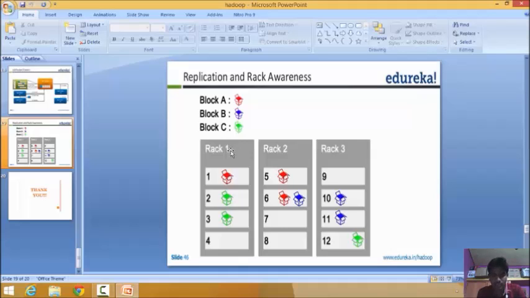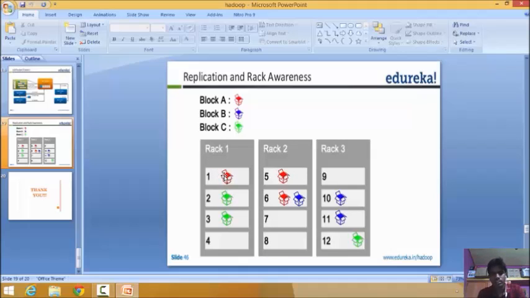A rack is nothing but a group of clusters. You have certain clusters, and the clusters are stored in different places. Assume this cluster is in Hyderabad, this one is in Mumbai, this one is in Bangalore.